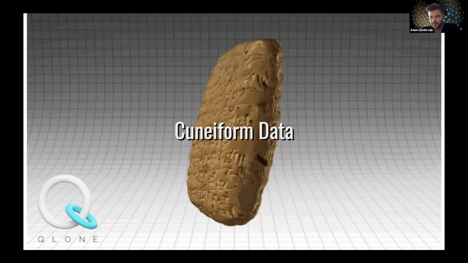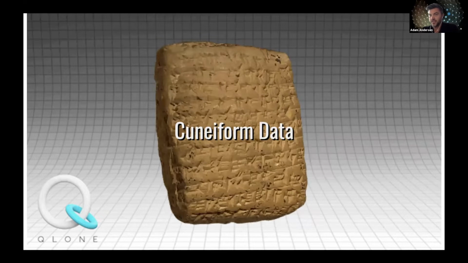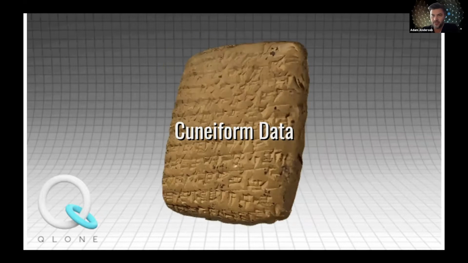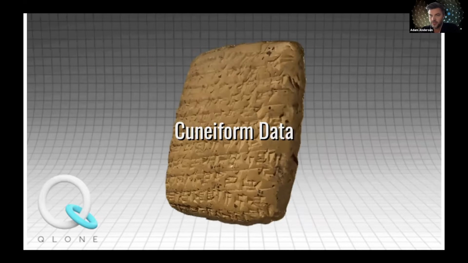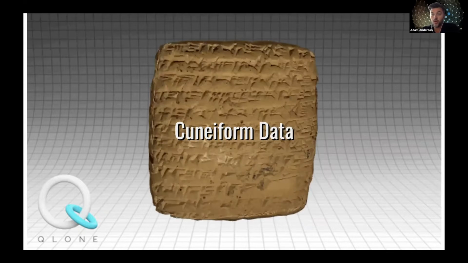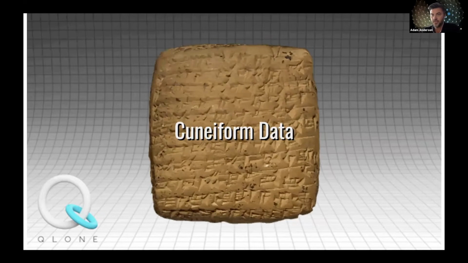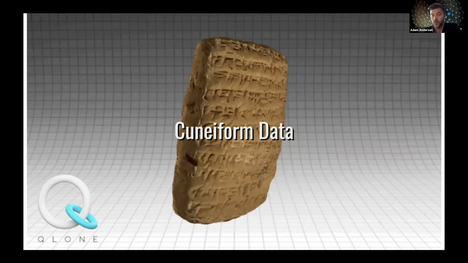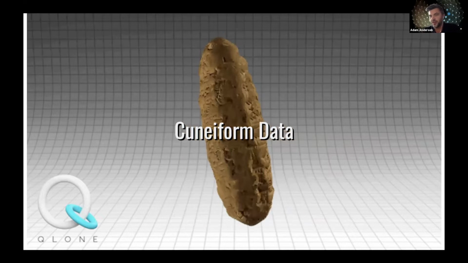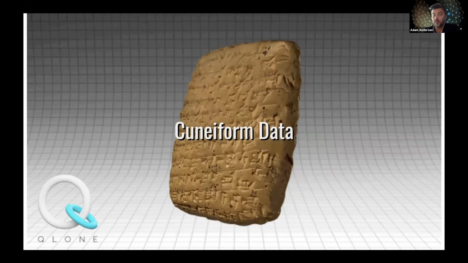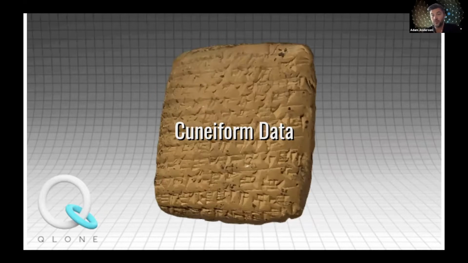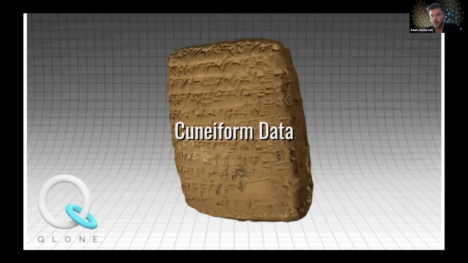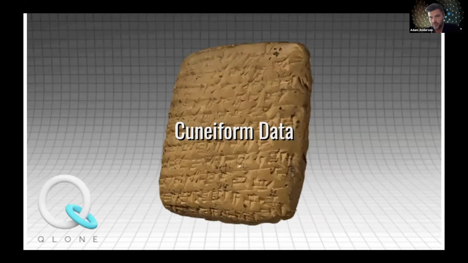But one of the interesting conundrums that we find ourselves in sometimes is that even though every one of these tablets is unique, even though there's 500,000 of them, we find that there are sometimes multiple databases with multiple IDs for the same tablet, or multiple sets of metadata for each tablet.